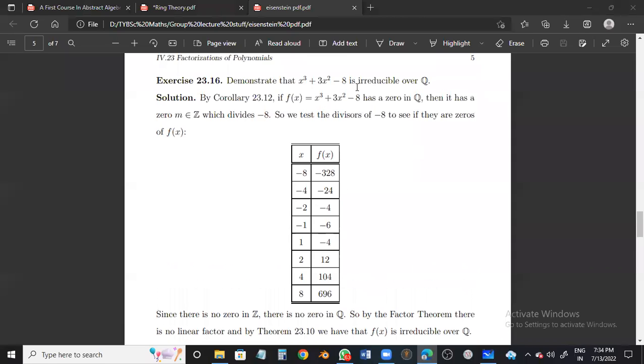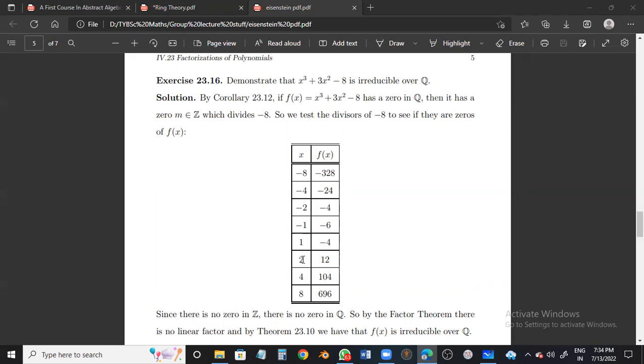See, the constant term here is minus 8. So we always try with the divisors of the constant term: minus 8, minus 4, minus 2, minus 1, 1, 2, 4 and 8. All divisors, they have tabulated. This is a ready-made answer I got, and I have given it to you.